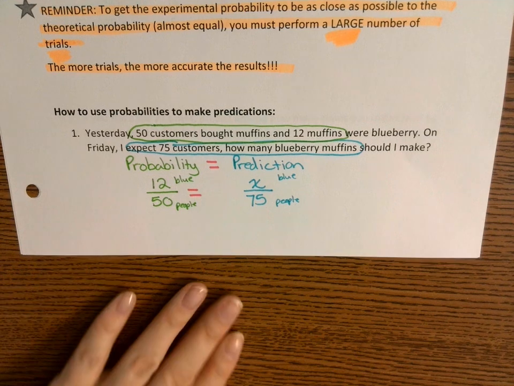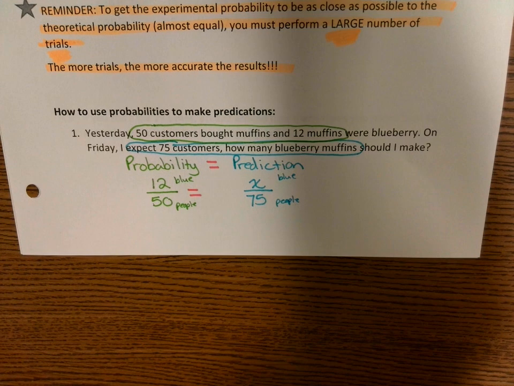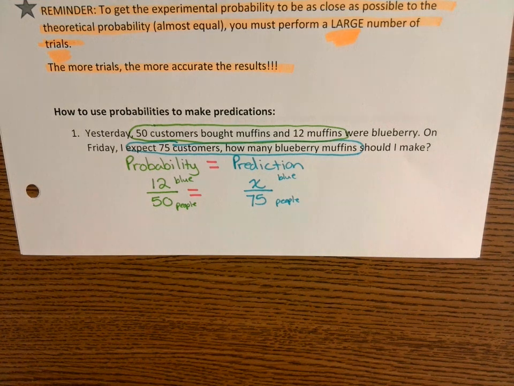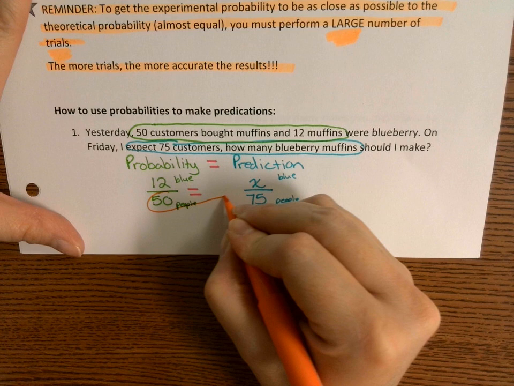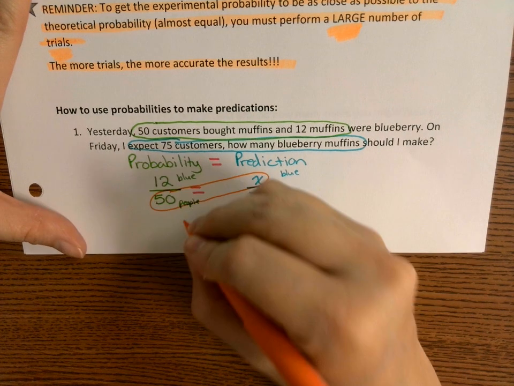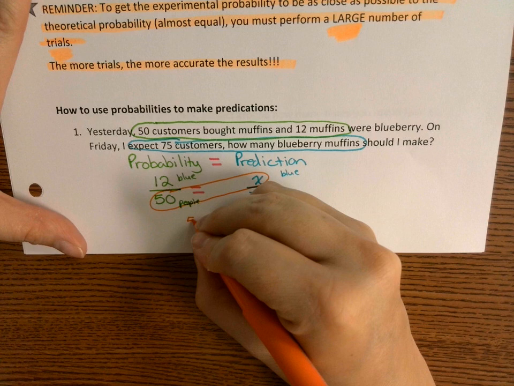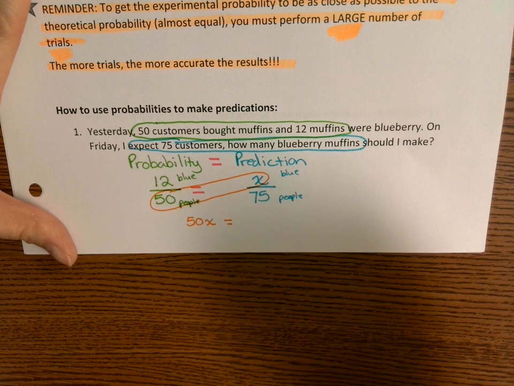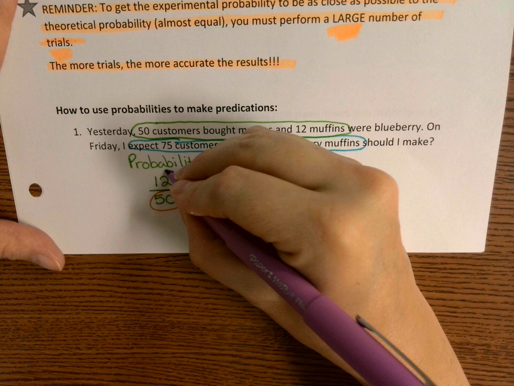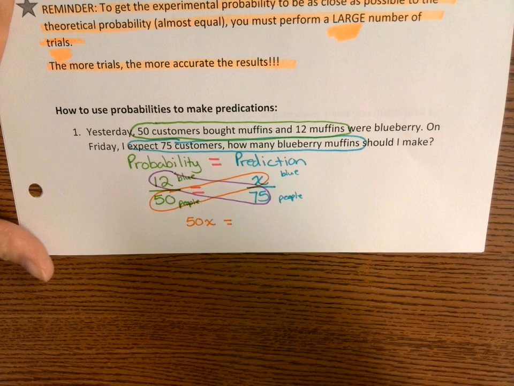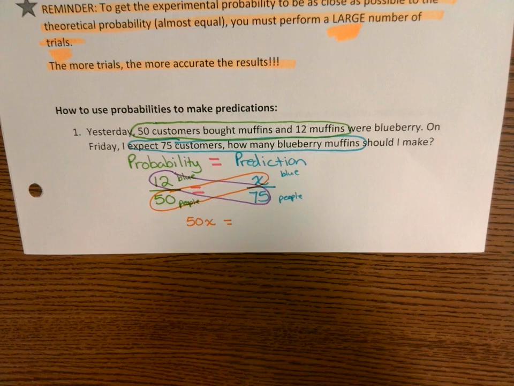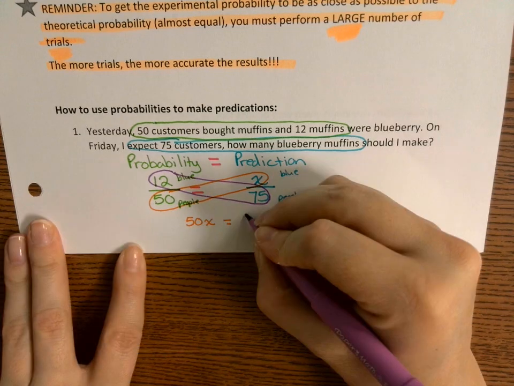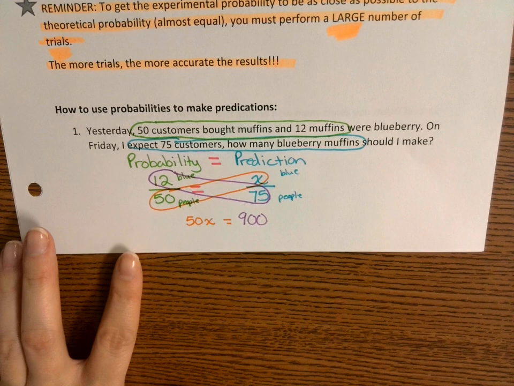So for cross product, I'm going to multiply my diagonal values together. So I'm going to multiply 50 times x, and that's going to give me 50x. And then I'm going to multiply 12 times 75. Do that real quick. And that's going to give me 900. We're going to do 50 times x, and we're going to do 12 times 75.